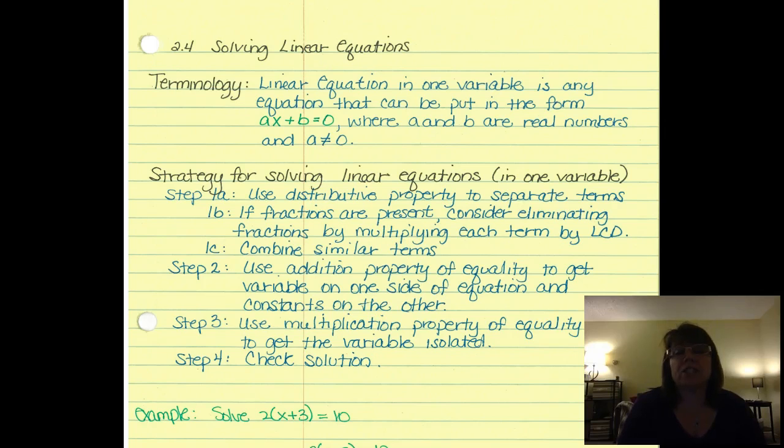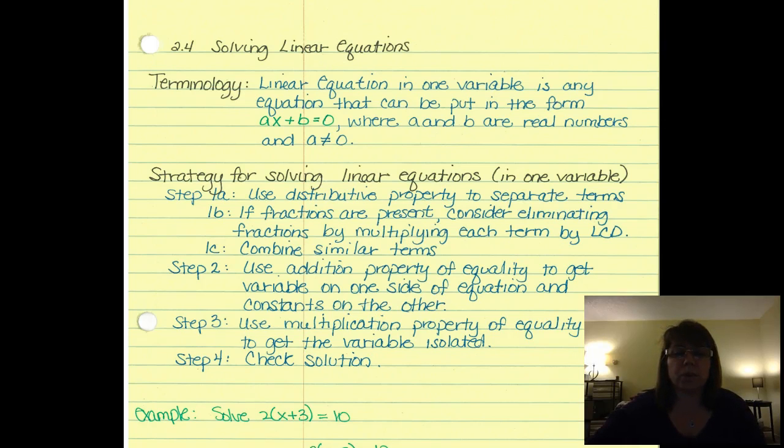It doesn't matter which side. You just want your variables on one side of the equation and your constants on the other side. Then we're going to use our multiplication property of equality to get the variable isolated. And then the last thing we want to do is to check our solution.